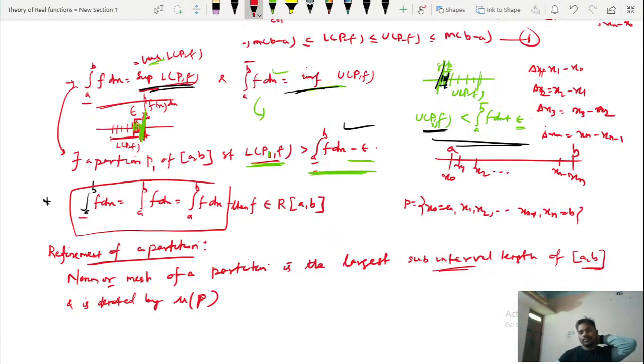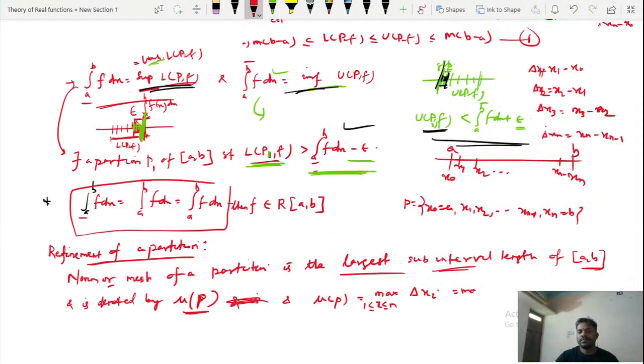So what will be your mu P? The norm of a partition P is denoted by norm P and is defined in this way. It is the largest subinterval length, that is, the maximum of del xi, with i varying from 1 to n.